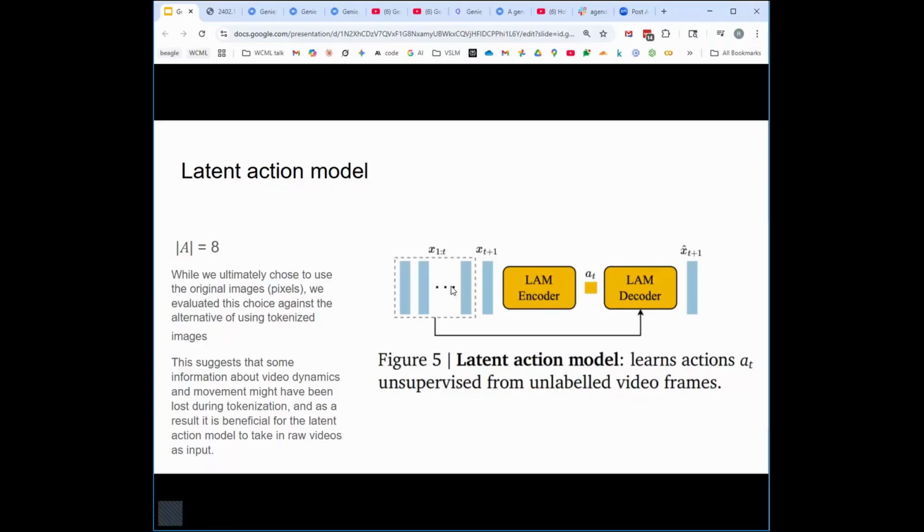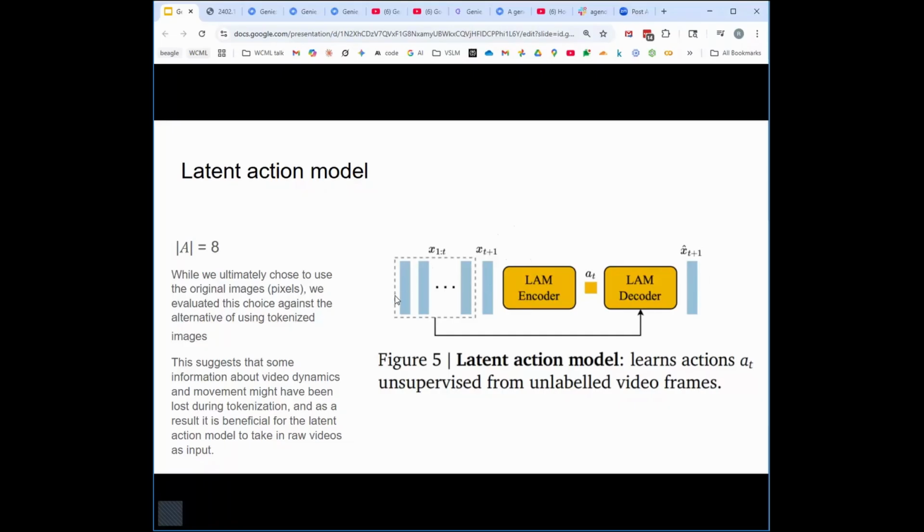This training mechanism, they did a comparison. The loss function is the difference between what they predicted the next token, or the next image, would be versus what the ground truth was.